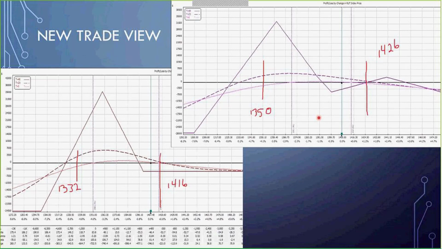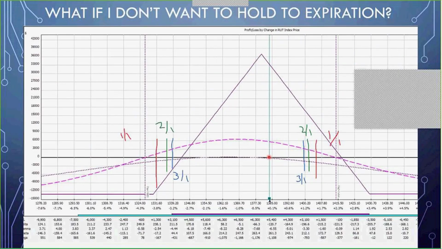And the way that it does that is it has a risk-reward ratio, or I'm willing to let it draw down as much as it has the potential to make in those 30 days. And that's where you get your risk-reward ratio.